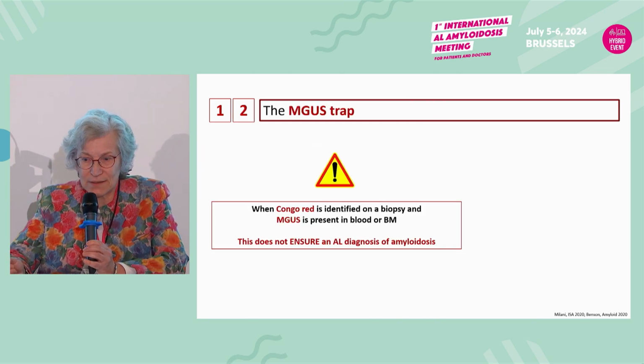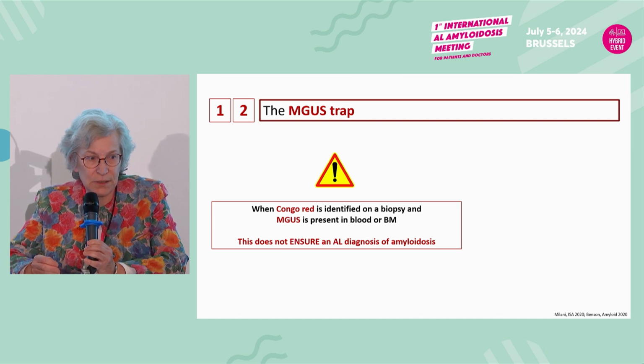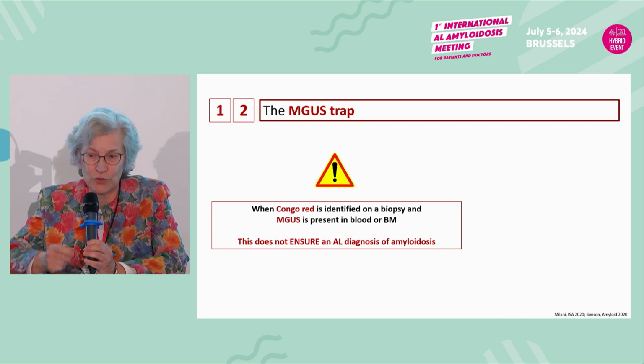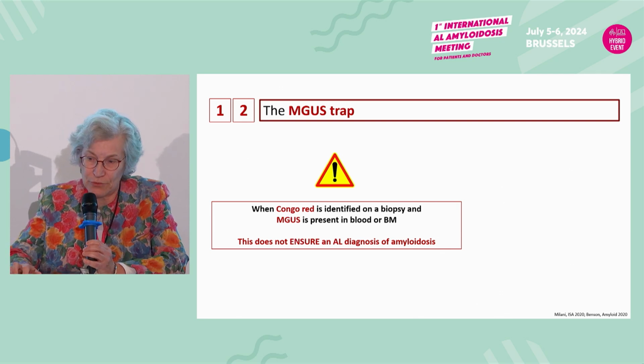So that means that when you have a congophilic staining on a biopsy, and you have an MGUS in the bloodstream or any abnormal plasma cells in the bone marrow, it doesn't mean that you have AL amyloidosis.